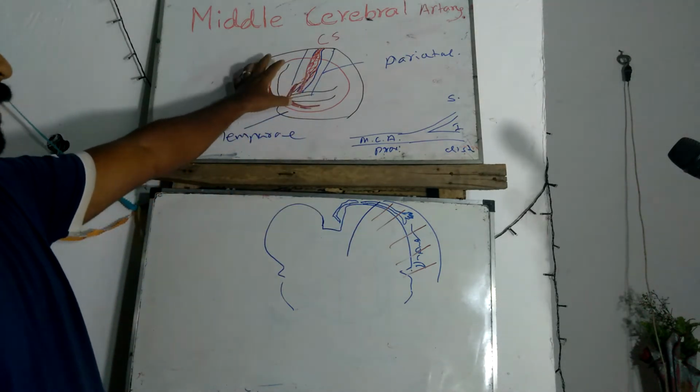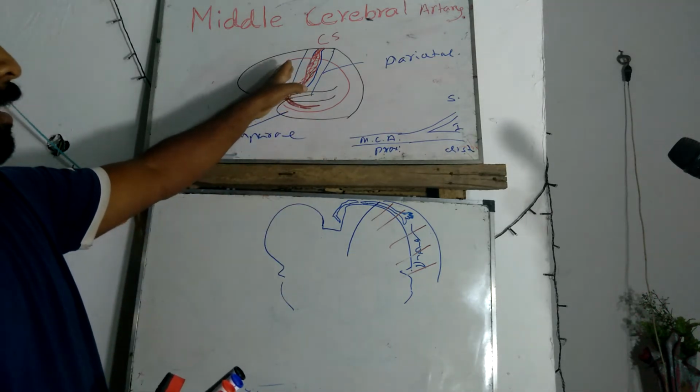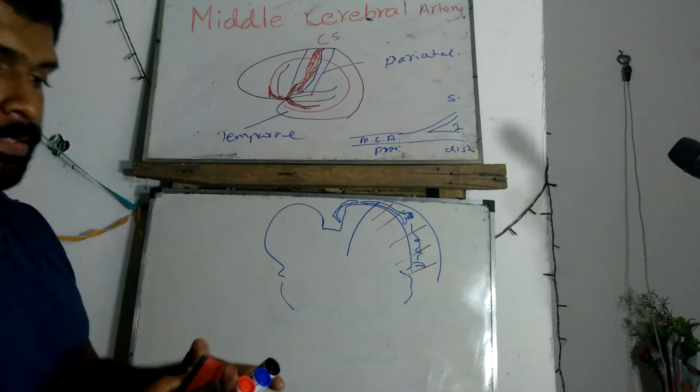Then talk about the area anterior to the central sulcus.